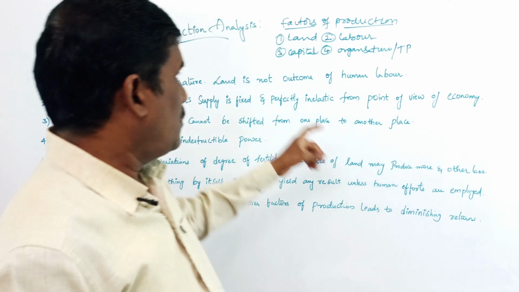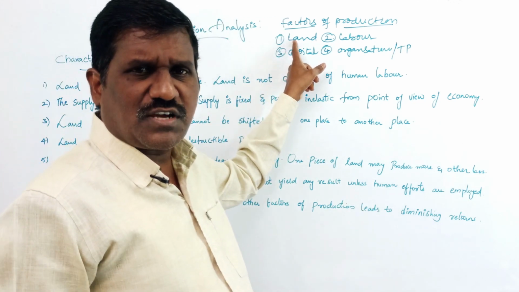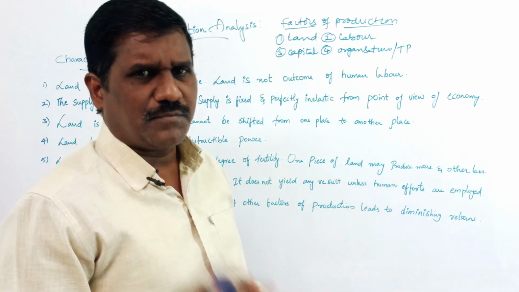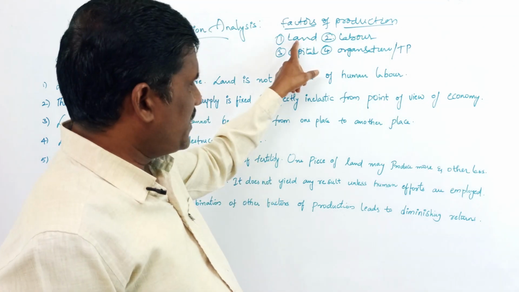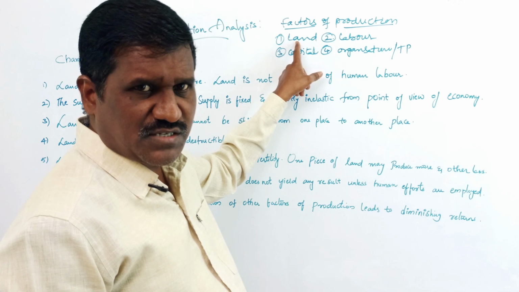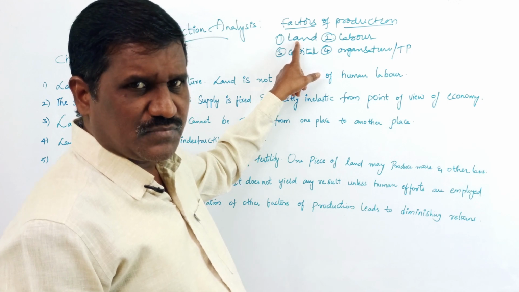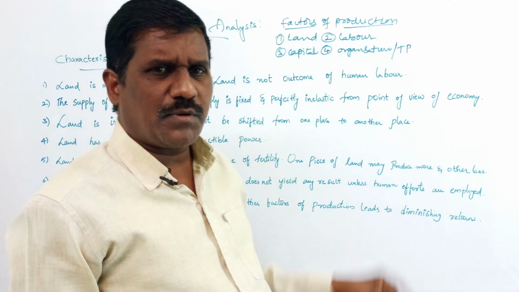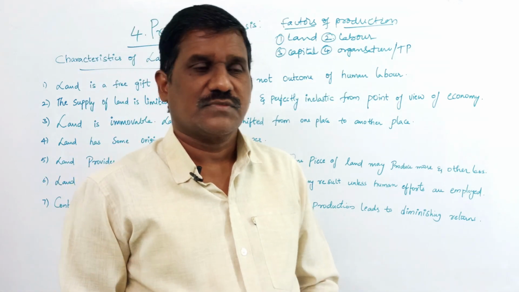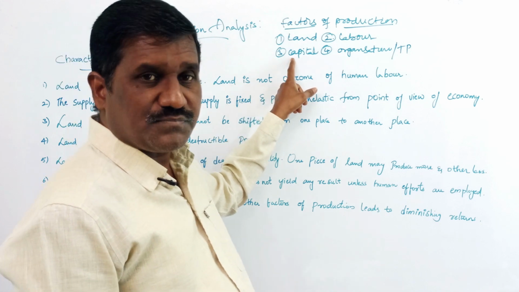Okay? So without land we can't produce anything. So the first one is land. Second, labor. Without labor we can't produce. Next, capital.